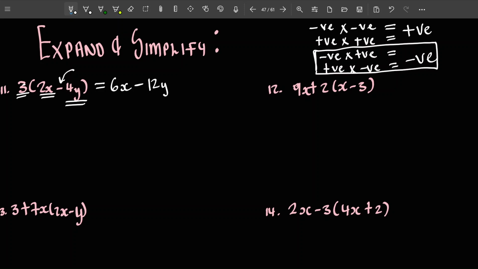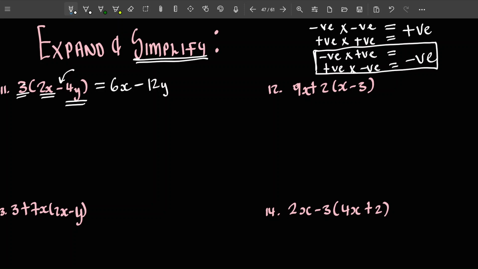We're done. Number 12. Look, it's saying expand and simplify. Simplifying, remember, only deals with addition and subtraction. We'll be saying like terms can add or subtract. If they are not like terms, then don't try to add them. Just leave that plus sign in between them. You're done. Don't combine them to one.